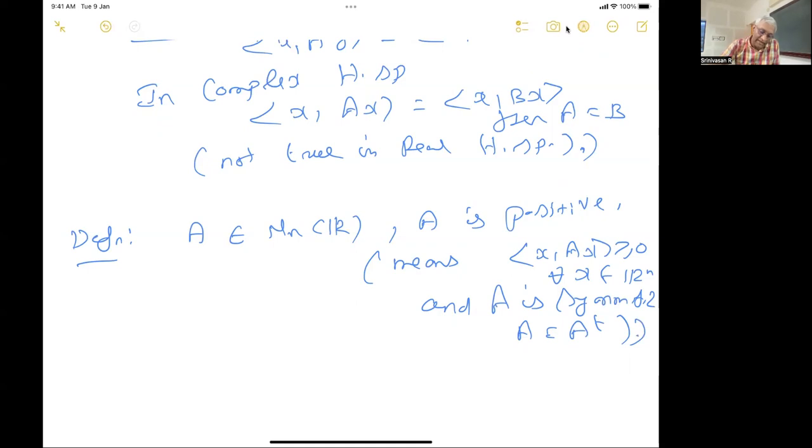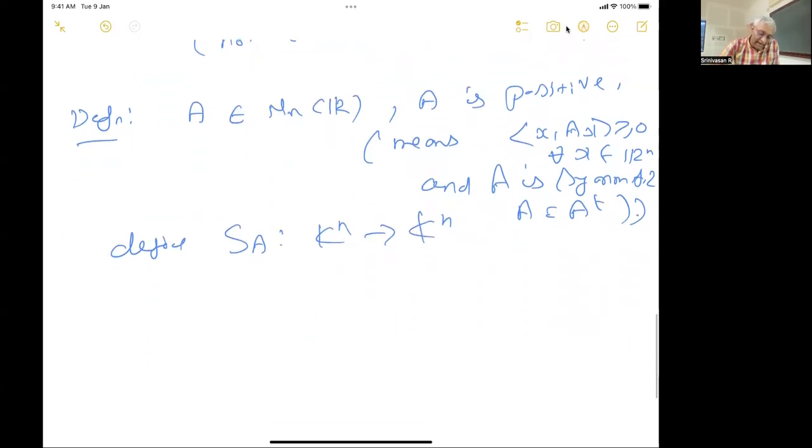So given an n cross n matrix A which is positive, define S_A from C^n to C^n. I have already defined it, but let me write it in terms of the S naught operator: S_A naught is equal to this, with A and A inverse.